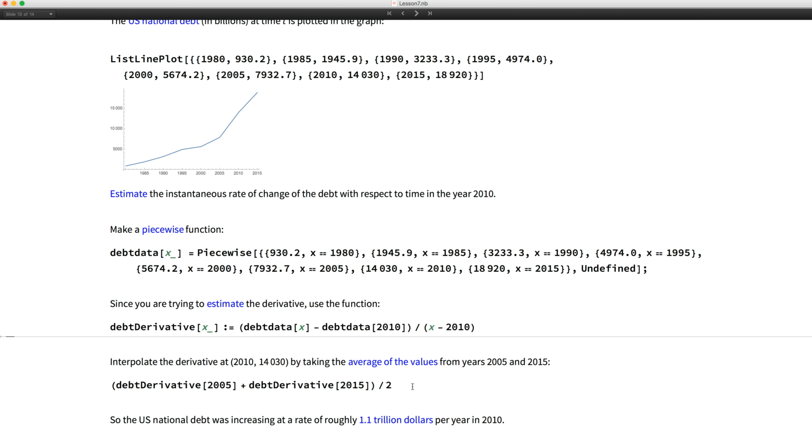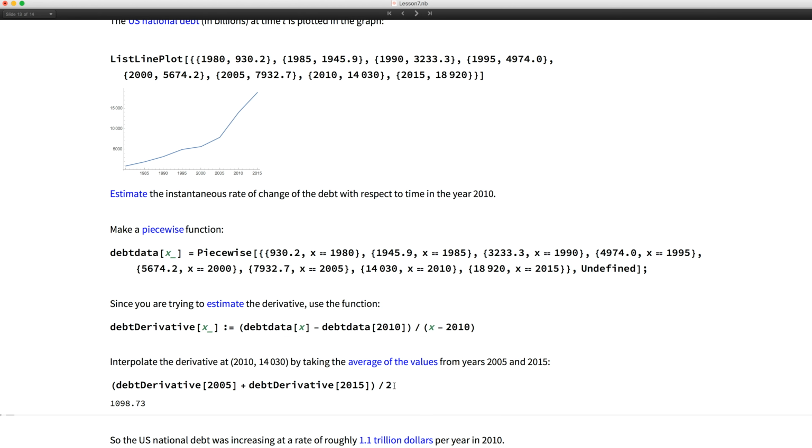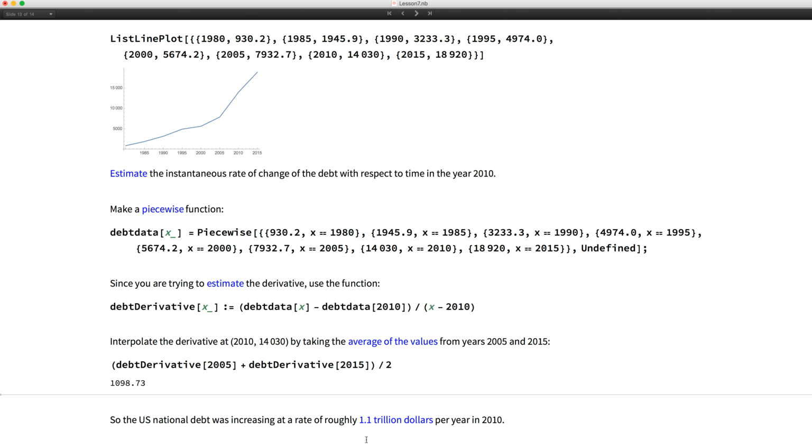In other words, you find an average of the values between 2005 and 2015, and that, roughly speaking, is the instantaneous rate of change at 2010. So roughly speaking, the rate of increase of debt is about $1.1 trillion in the year 2010.